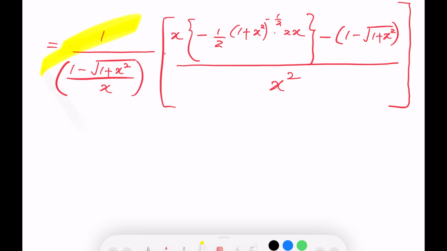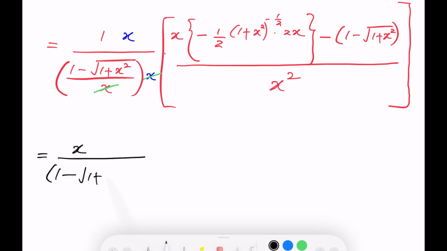For this first part, I'm going to multiply both top and bottom by x. So there will be an x written here, there will be another x written here. So that first part is now completely taken care of. This is going to be equal to, the numerator is going to be just an x. In the denominator, you can see that this x and this x can be divided out. Then that denominator becomes 1 minus square root 1 plus x squared.